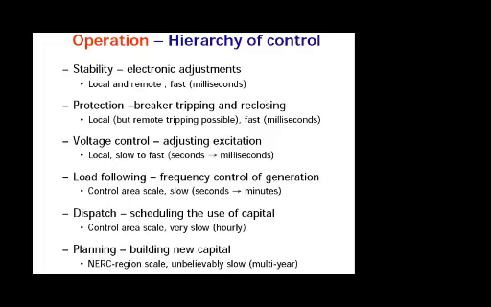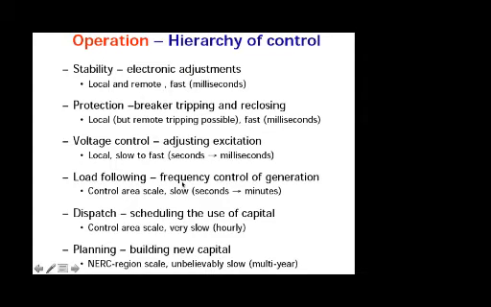So how do we maintain stability? For short disruptions like a broken line or a lightning strike, we have electronic means to maintain stability. However, when the load increases, we can respond with load followers.